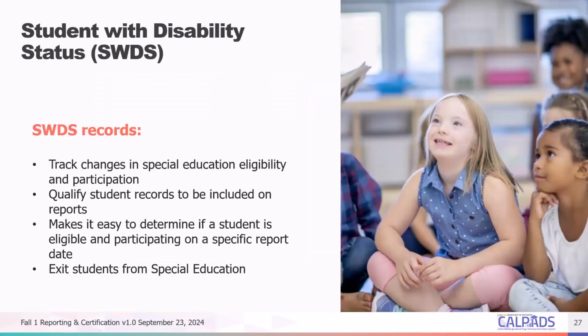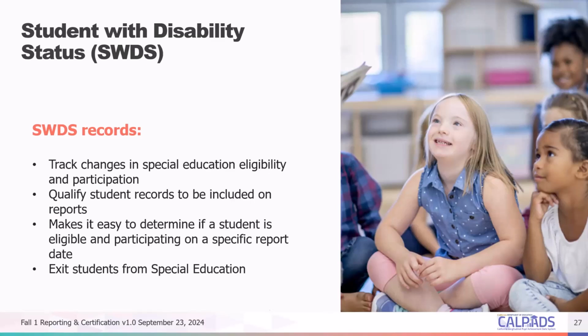All right, students with disability status, right? The SWIDs. This file was introduced last year. Well, all four were introduced last year, but this really presented new data. And this file is used to track changes in special education eligibility and participation. Historically, since the C2C transition in 2018, 2019, I think, the reports were just having a hard time identifying all the students, right?